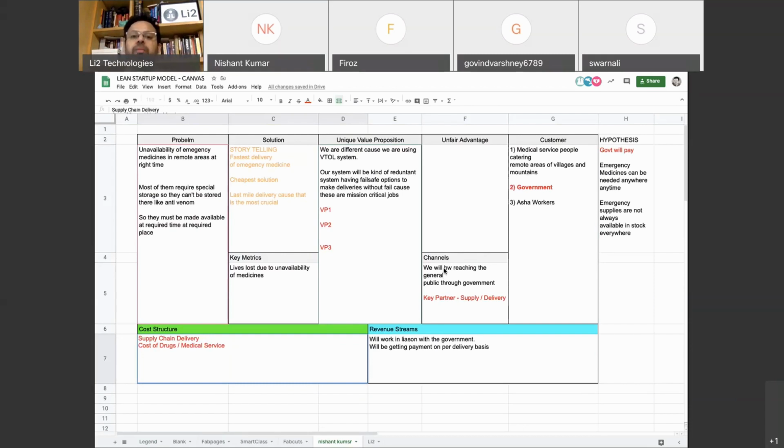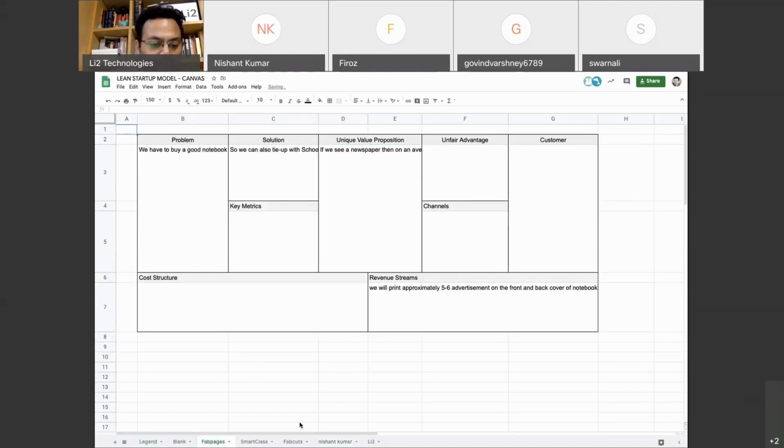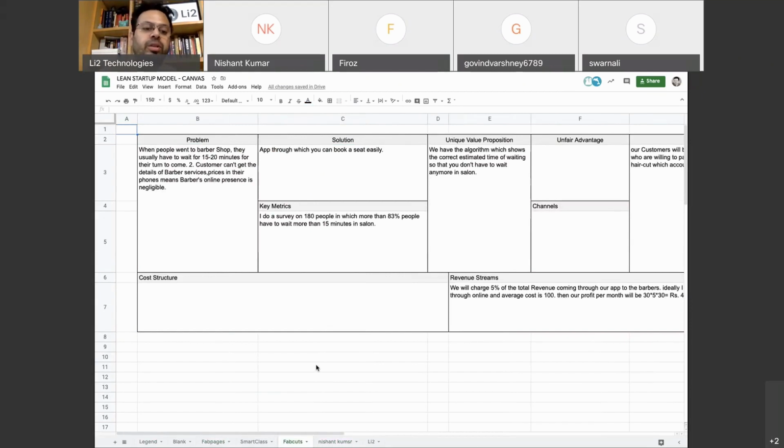So now, apart from these two staying, how will my business or solution still be meaningful? Because these two people coming together could probably go to the government and solve the problem. So if you answer that question and still people are willing to put money, then you have a business case. Say, for example, when we talk of fab cuts or any of these solutions, here again, what is your cost structure, right?